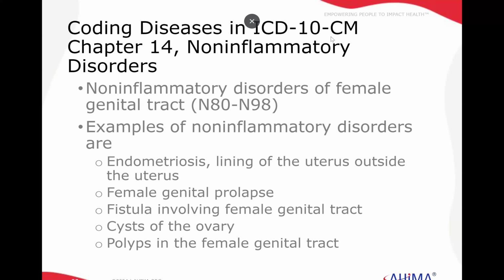Finally, the last thing I'm going to talk about in this video lecture is the non-inflammatory disorders of the female genital tract, N80 through N98. And these are such things as endometriosis, genital prolapse, fistulas, and so on.